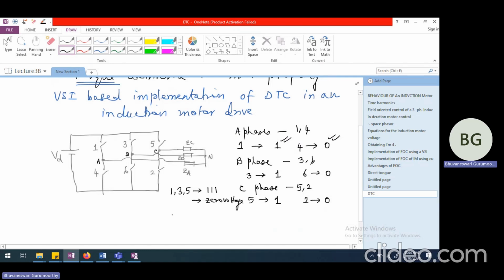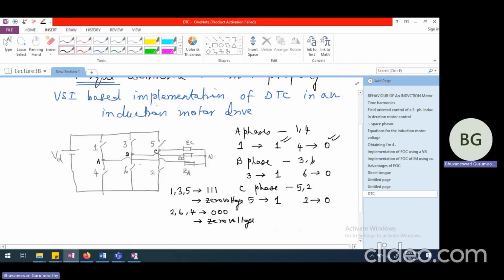The same way, if 2, 6, 4 are closed, it is going to be 0, 0, 0. This also corresponds to 0 voltage being applied across the induction motor, because either the positive leg is connected directly to all the 3 phases or the negative leg is connected to all the 3 phases in these two cases of 1, 3, 5 or 2, 6, 4 switch position. So literally 0 voltage is applied across the induction motor.